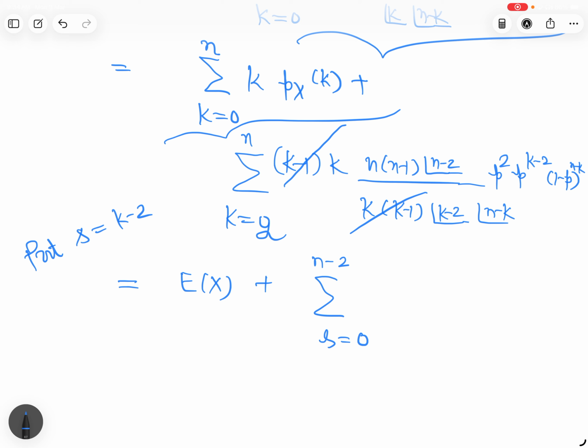So what is this? n minus 2 factorial over factorial s, and then put the value of k here, factorial n minus s minus 2, p to the power s, (1 minus p) to the power n minus s minus 2.